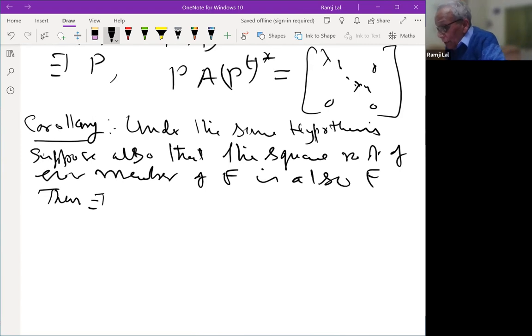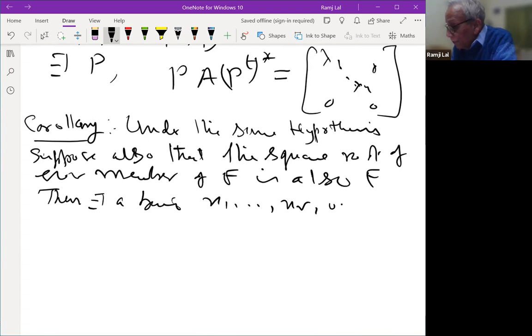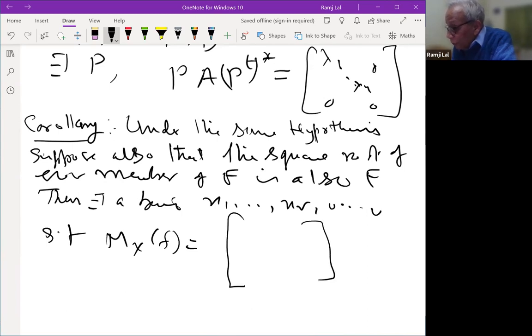Then there exists a basis x1, x2, up to xr, 0, 0, 0 for some r, such that the matrix of the form with respect to this basis has 1, 1, 1, 1, 0, 0, 0, 0 on the diagonal.